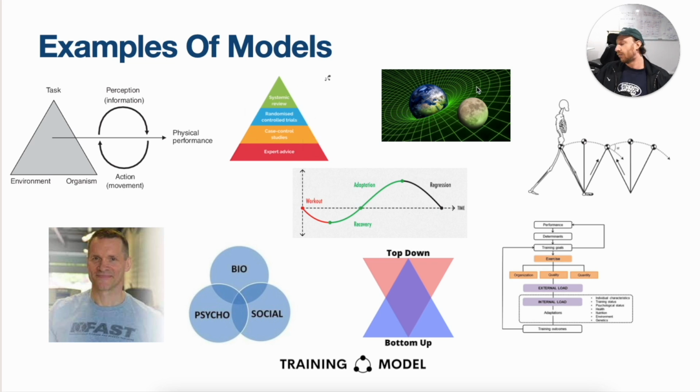Gravity is a model. Our understanding of gravity is a model. It started with Newtonian physics, and the whole idea of the apple falling from the tree and things moving towards the larger object. And eventually, Einstein came along and updated our understanding, our model of gravity, to include things like general and special relativity and this whole idea of space and time and the continuum of the fourth dimension.